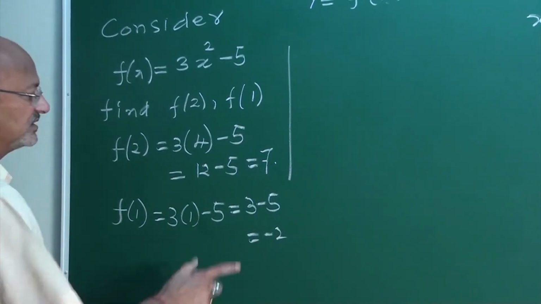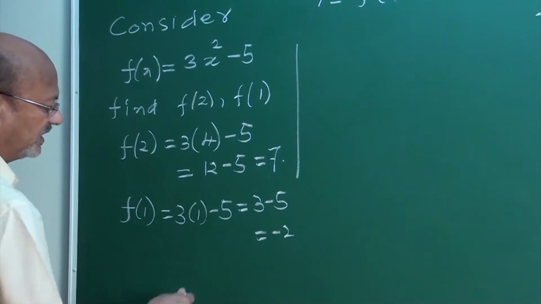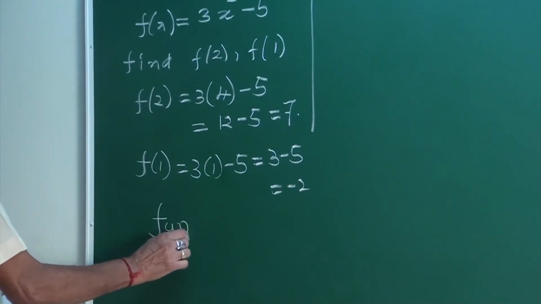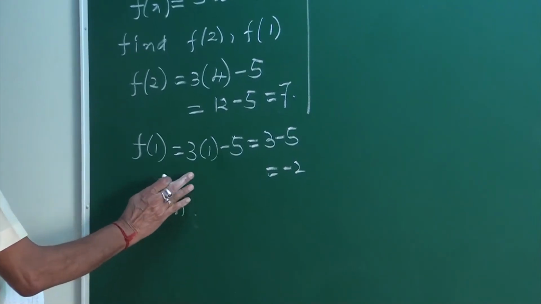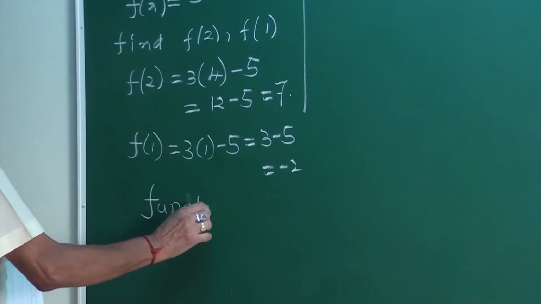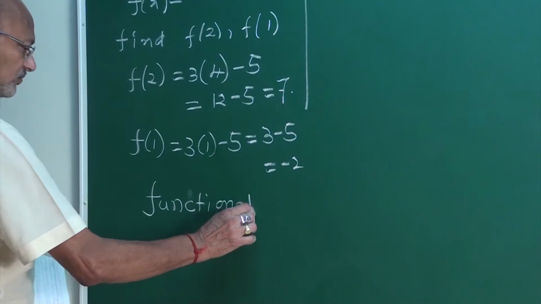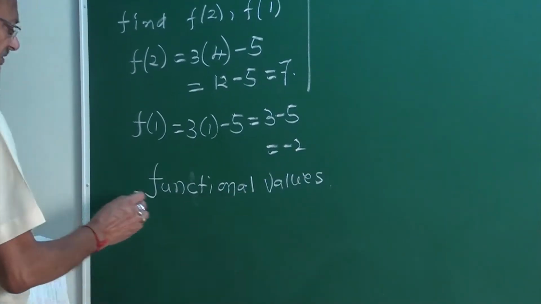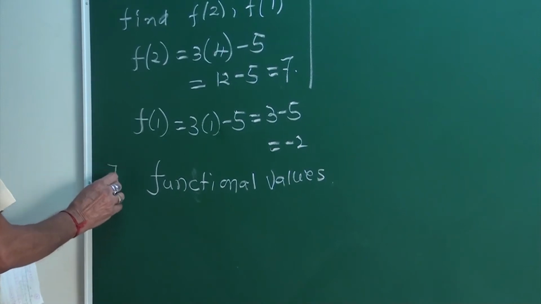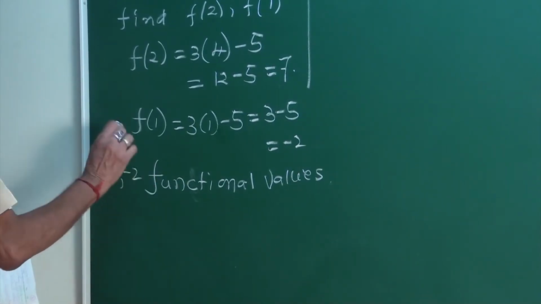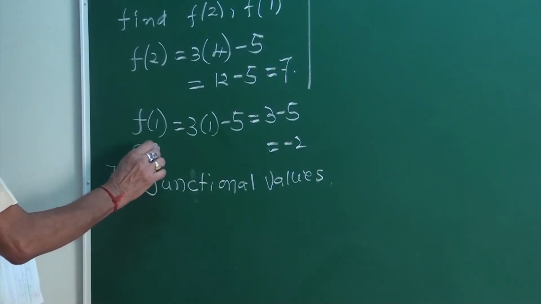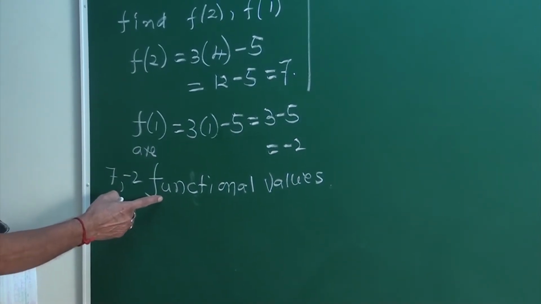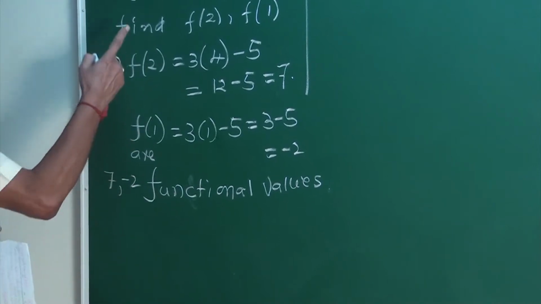In this case, 7 and minus 2 are known as functional values, or values of the function f(x).